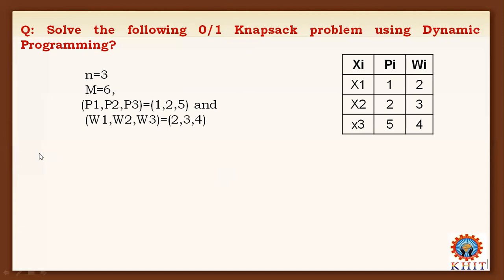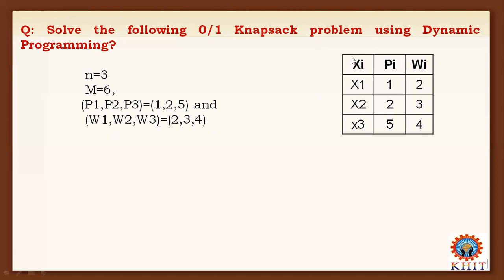Now we need to solve the given problem by using the dynamic programming algorithm design technique. The first step is to draw a table which best fits the profits, weights and the items. So from the given problem, we generate one table.